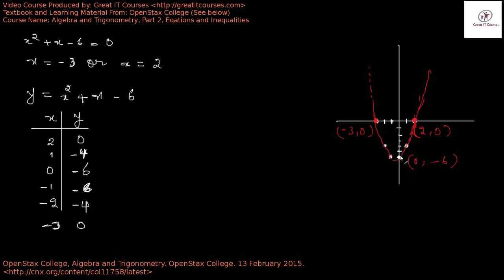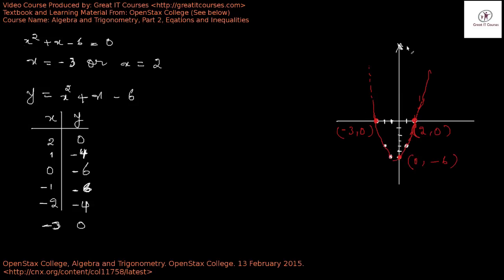That's exactly on the y-axis. And so as we discussed before, these are your x-intercepts. In other words, these are the points where the function crosses the x-axis. This point 0, minus 6 is your y-intercept. This is the point where the function crosses the y-axis.